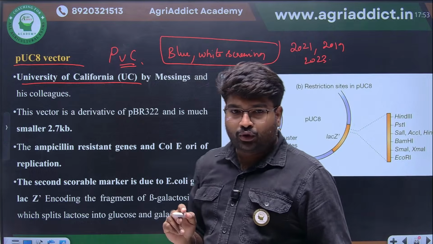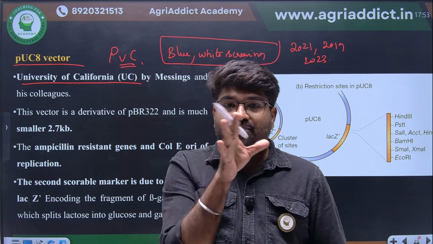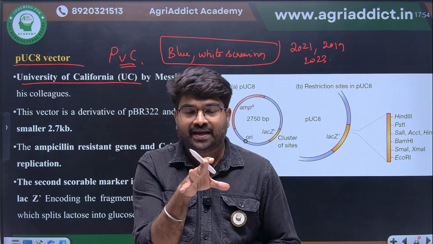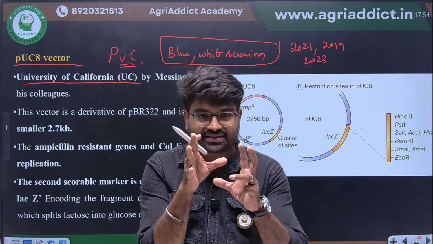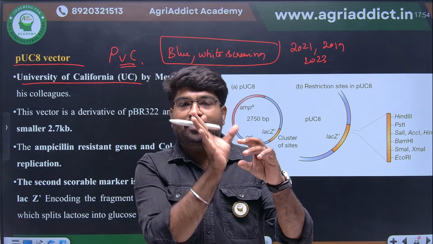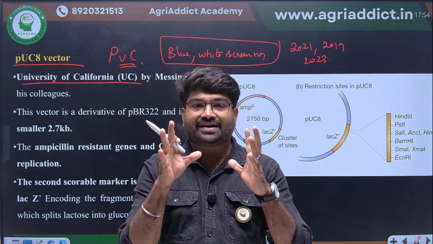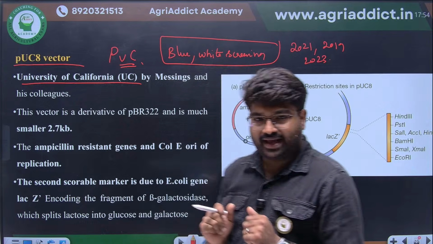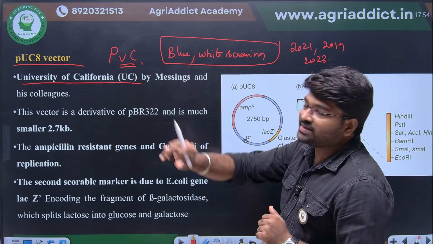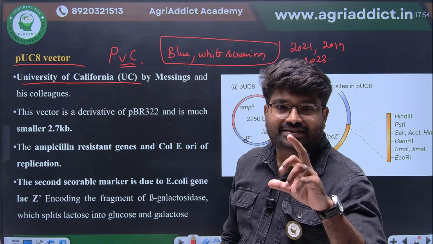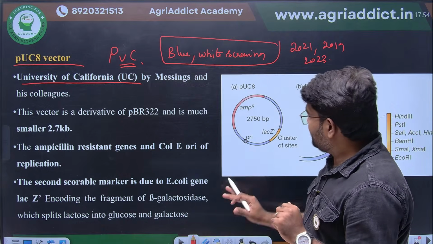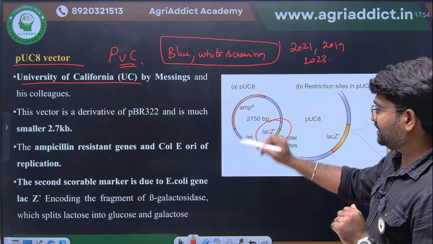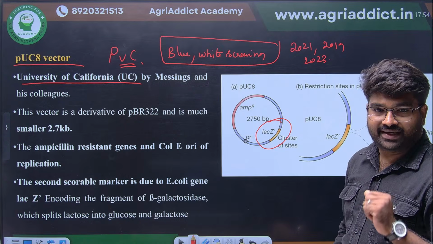In pBR322 we have seen that if our gene of interest is inserted into an antibiotic resistance gene, the resistance toward that antibiotic will be lost. But in the plasmid University of California vector, the gene of interest will be inserted in the lacZ region.